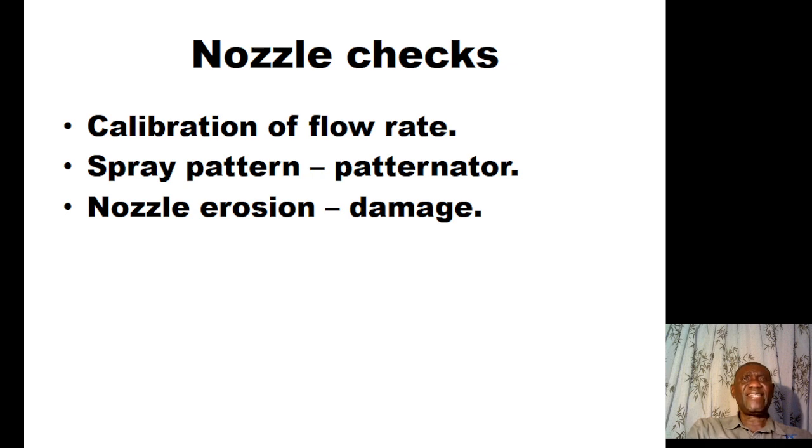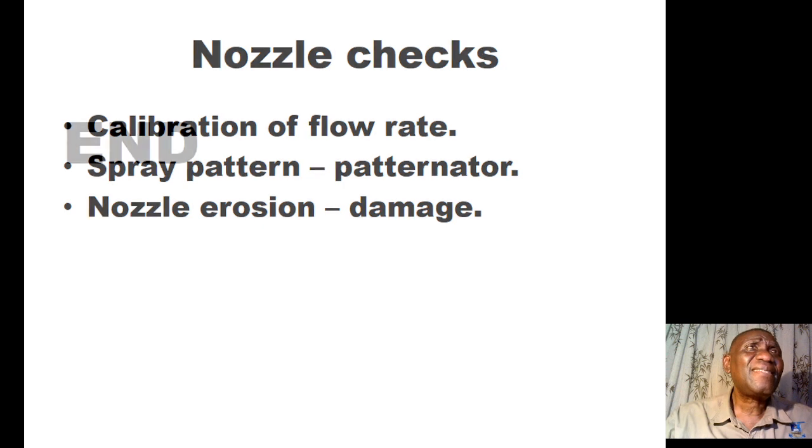They have a patternator which checks these nozzles. We also check for nozzle erosion damage, because when we do calibration, if the nozzle starts discharging more fluid, maybe we stop using it. I think this is it for nozzles. I'll stop.